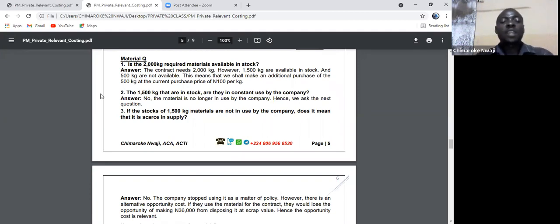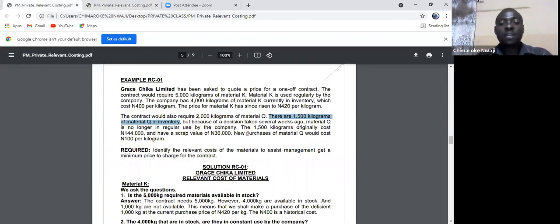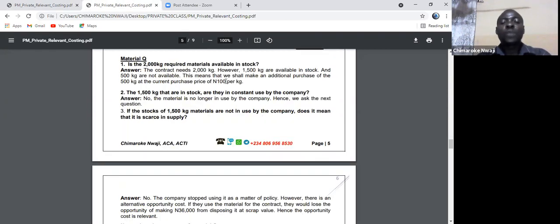And what is the current market price? 100 naira. So how do we know it's 100 naira? They said new purchases of material Q would cost 100 naira per kilogram. So that's why we use 100 naira with the 500 kg. We move to the next question.